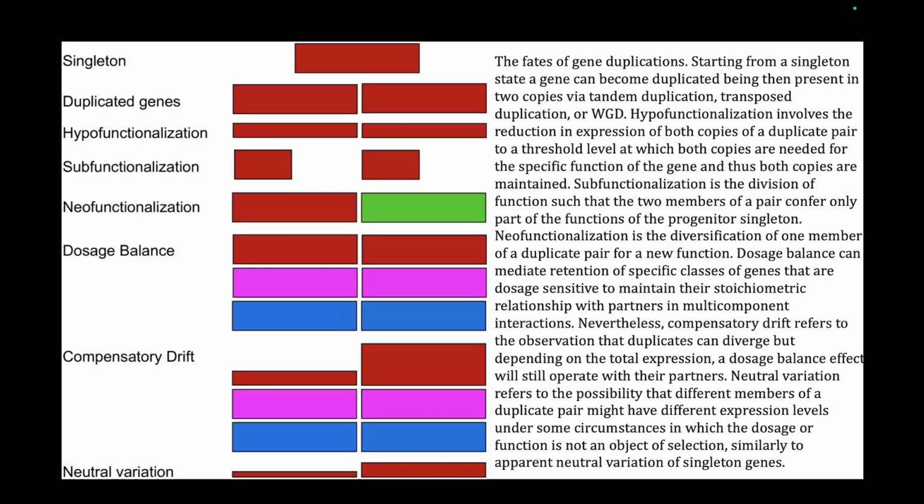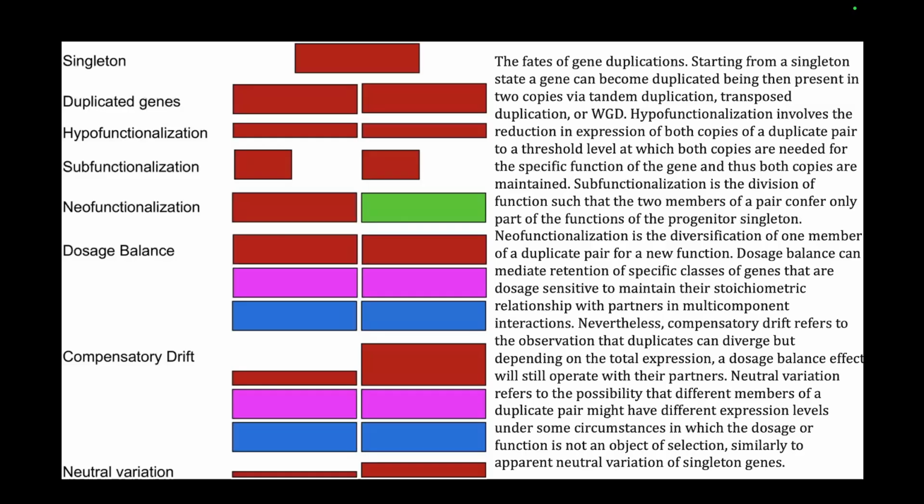Another type that can happen is neofunctionalization, which is basically where one member of the duplicate pair can be assigned a new function. Dosage balance can be used to mediate retention of specific classes of genes that are dosage sensitive, to maintain their stoichiometric relationship with partners in multi-component interactions.